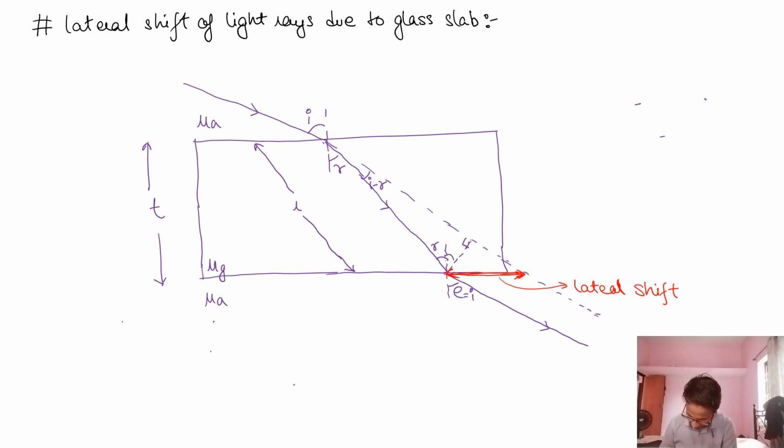So i minus r plus 90 plus r plus x is equal to 180, because angles of a triangle. If I send this 90 to the right hand side and cancel out the r, I get i plus x is equal to 90, or x is equal to 90 minus i.